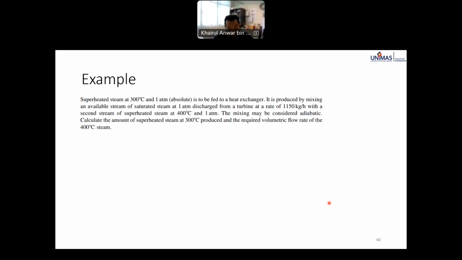For this case, the first one is the turbine discharge, 1150 kg per hour in vapor form, saturated. Next is m1, which is the second stream. That one is what we want to find.